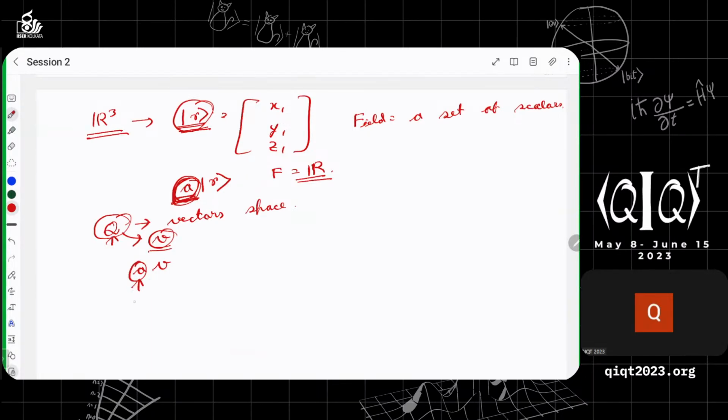So the scalars here are only rational. So it depends on the field what scalars you can multiply it with, and the set of all the scalars that you can multiply a vector with is known as the field. Is that clear?